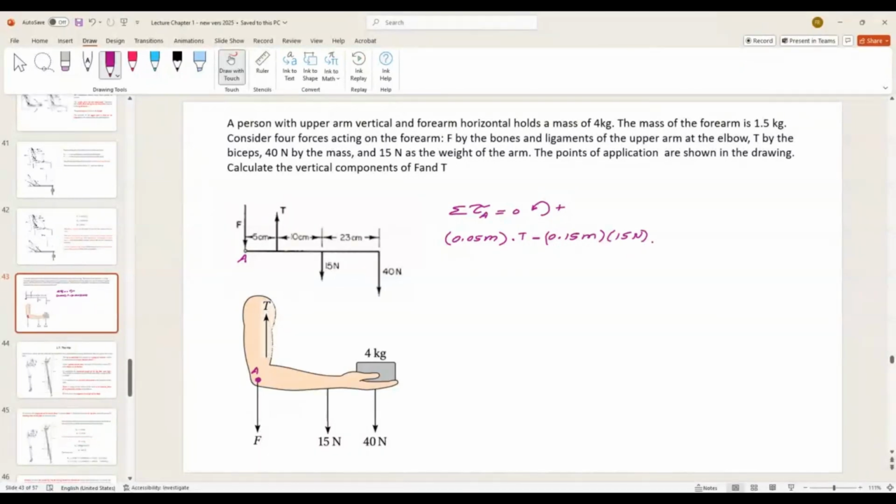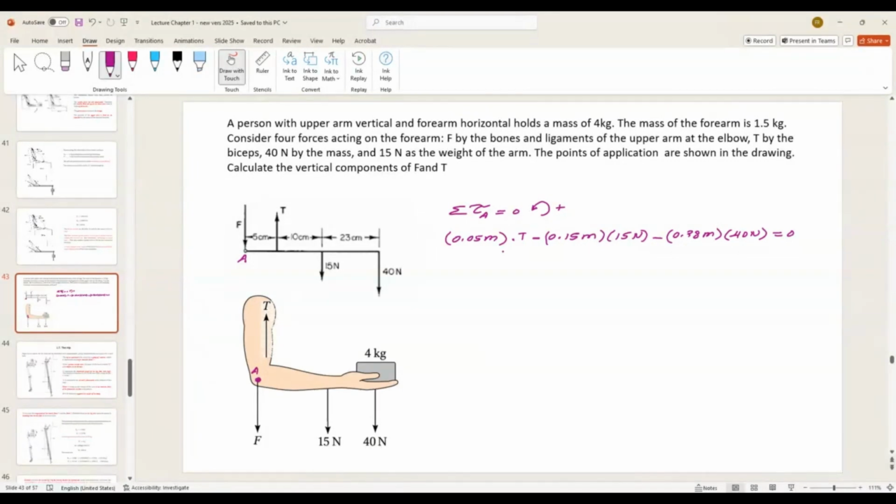And then now the force of 40 newtons also makes a clockwise torque. So we say minus. Now I am adding the distances, right? So I have 23 plus 15, which is 38 centimeters. So it's 0.38 meters times the force of 40 newtons.